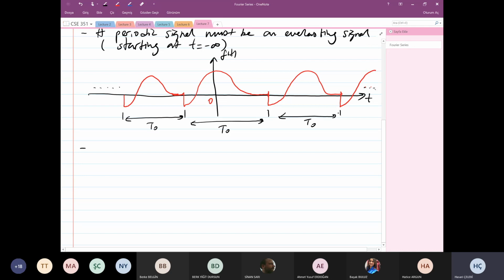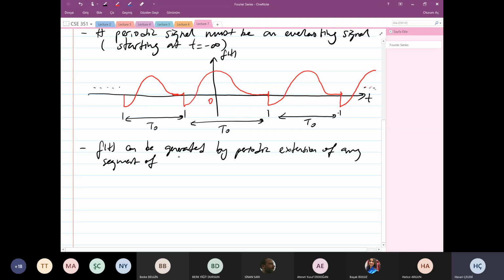Another property of a periodic signal: f of t can be generated by periodic extension of any segment of f of t of duration T0.